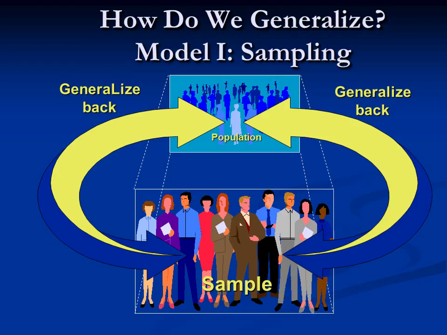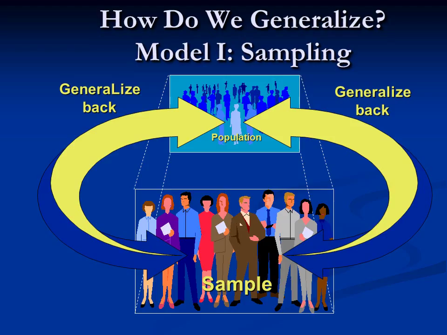What's important in this case is being able to determine whether or not the sample adequately represents the population. If it adequately represents the population, then we can trust those results, and we can say that the same results would be applicable if we did the study using everybody in the population. Okay, so that's your first model.